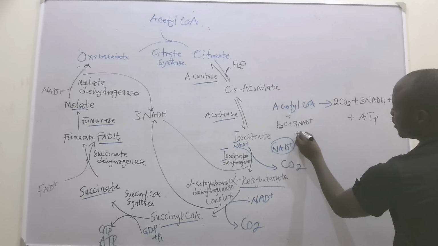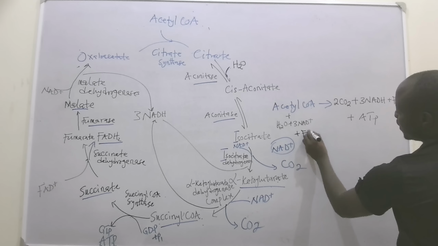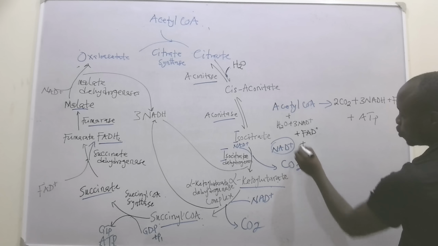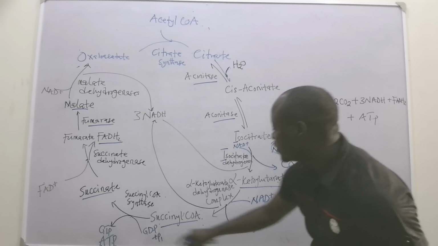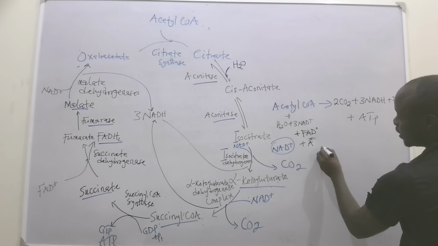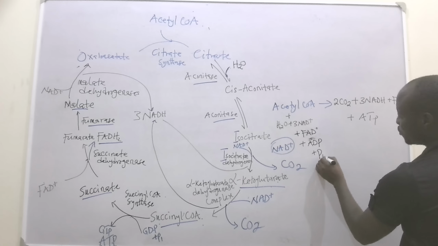Then plus also GDP or ADP, sorry, ADP or GDP is the summation, then plus inorganic phosphate.